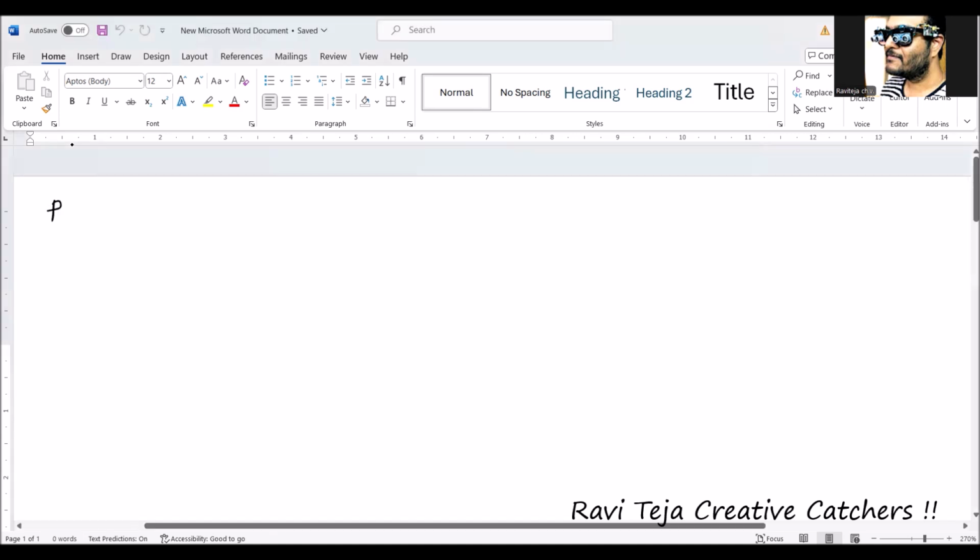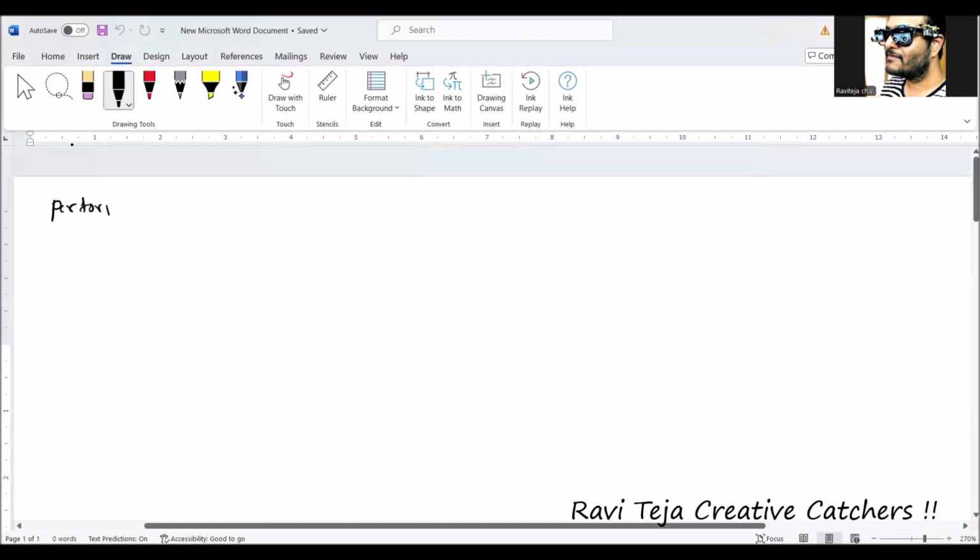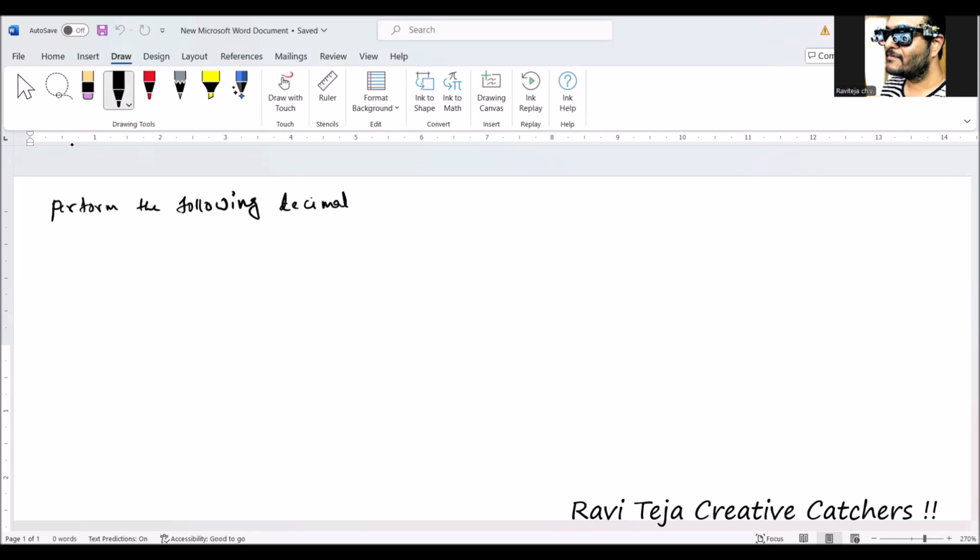Perform the following decimal subtraction in 8421 code or BCD code.